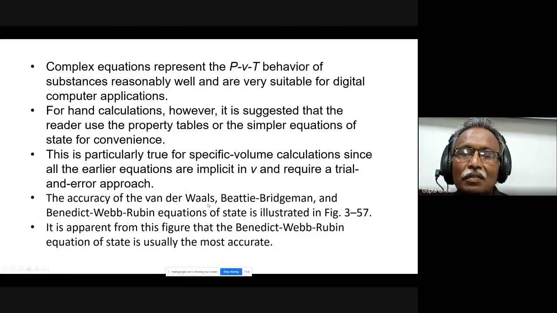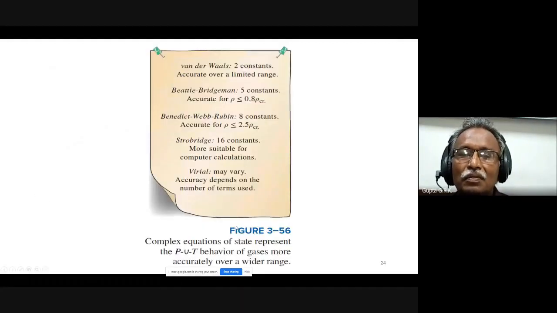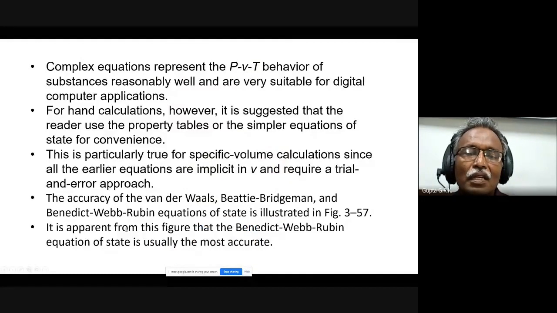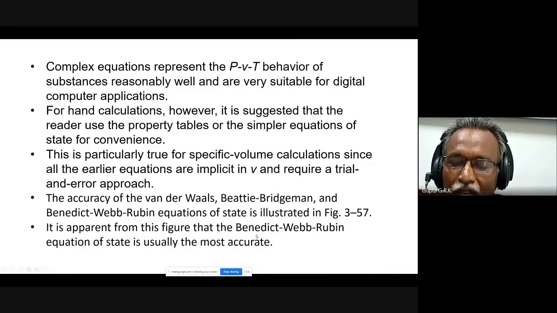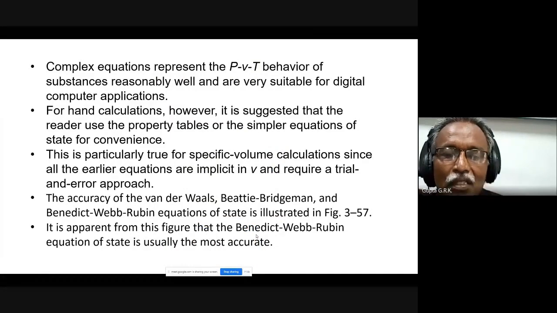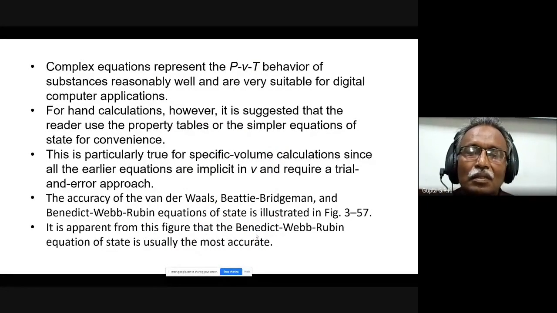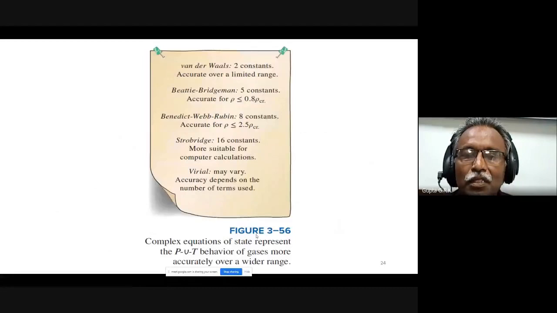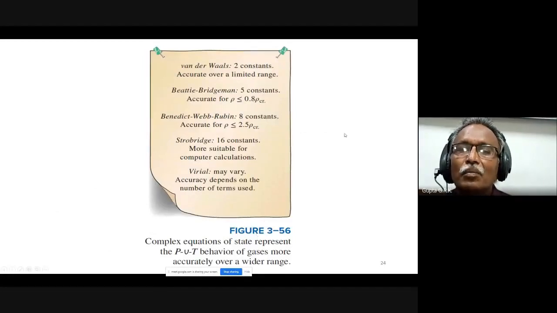The accuracy of the van der Waals, Beattie-Bridgeman, and Benedict-Webb-Rubin equations of state are illustrated in figure 3.57. It is apparent from this figure that the Benedict-Webb-Rubin equation of state is usually most accurate. Out of these 3 equations, this equation is better. You can see the comparison: van der Waals equation, 2 constants and accurate over a limited range.